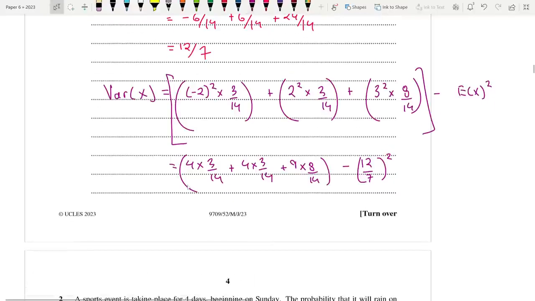This is basically equal to 12 by 14 plus 12 by 14 plus 72 by 14 minus 12 by 7 whole square. So after subtraction, 12 by 14 into 2 plus 72 by 14 minus 12 by 7 whole square. We get 192 by 49.